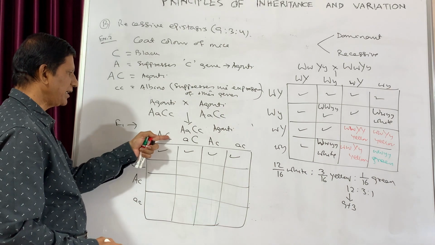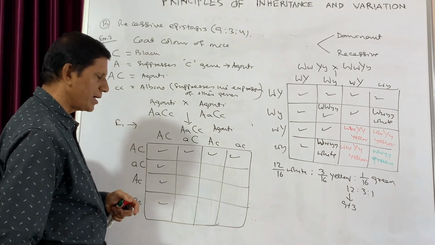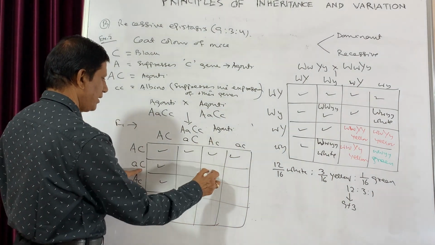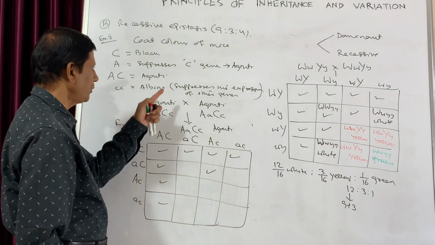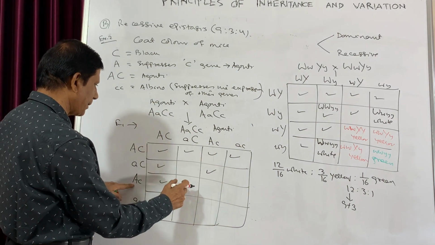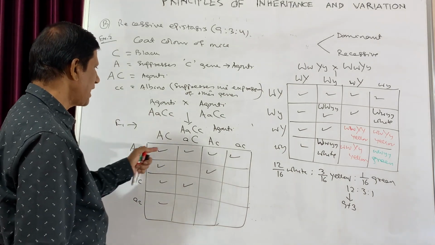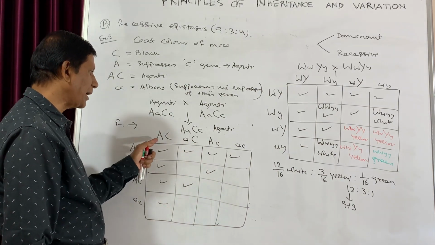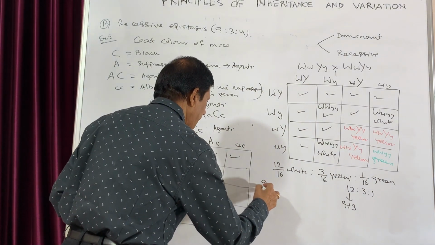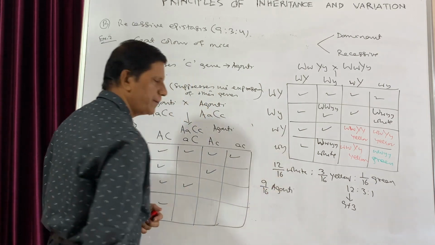Here capital C, A and C are there, so the same. Here capital C is there, here capital A is there. Both the dominant are present, so that will be agouti color. That means at these 9 places, both capital A and capital C are there, so they will give rise to agouti color.